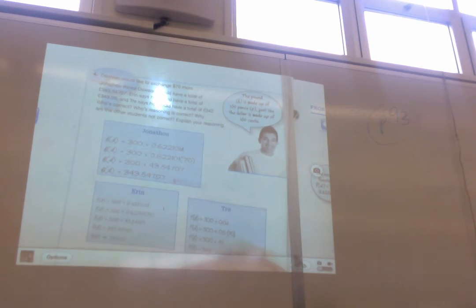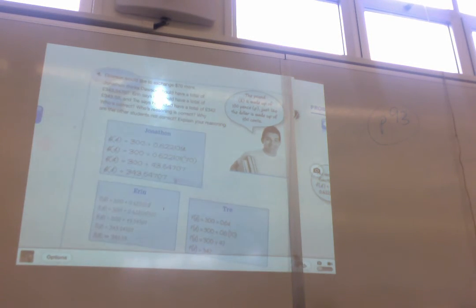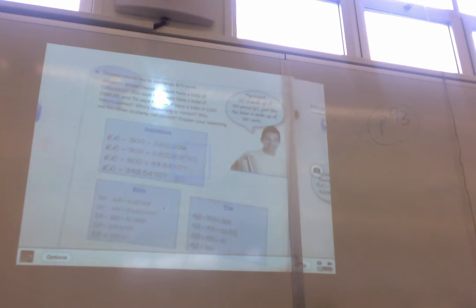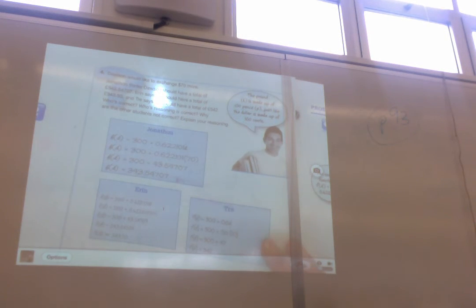Okay, so wait a minute. Did we miss something? Did they give us a certain amount of money? No. Okay, so we're good. But look over here. This little guy in his speech bubble has a clue that's going to help us answer this problem. Tony, can you read the speech bubble? The pounds are made up of 100 pence.